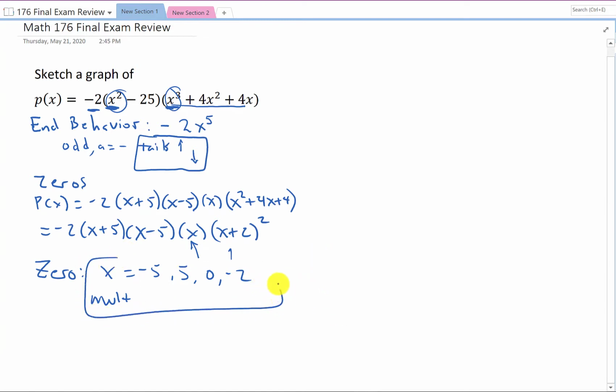Let's do it this way. So there's my 4 zeros, 1, 2, 3, 4. One of them got repeated. So this one is multiplicity 2, that's multiplicity 1, 1, and 1. So some of the zeros, when we graph them, are going to go straight through, and this one is going to have a bounce.